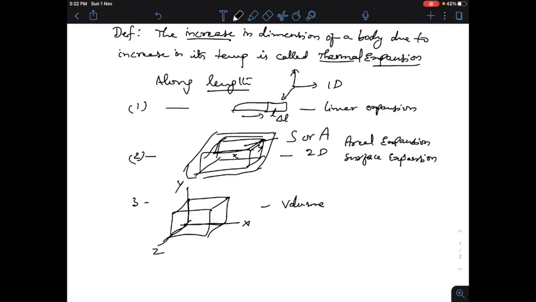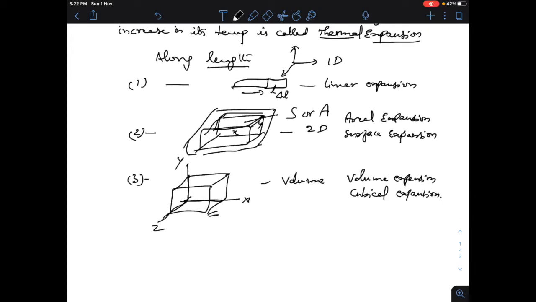So this is called volume expansion, or I have just taken a cube, so you can even call it cubical expansion. So thermal expansion essentially is 3 different types. Number 1, linear expansion along length, number 2, along area, number 3, along volume. So linear expansion, areal expansion, volume expansion.